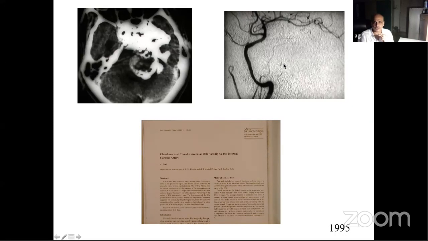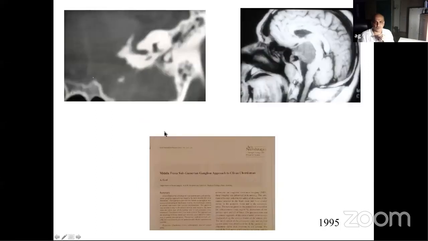So the bone is destroyed, the cavernous sinus is displaced on the dome, the internal carotid artery is displaced anteriorly by the tumor, and then petroclival chordomas, which is a very common location for these tumors. You can come anteriorly in this direction and you can operate this tumor in a very philosophical manner.